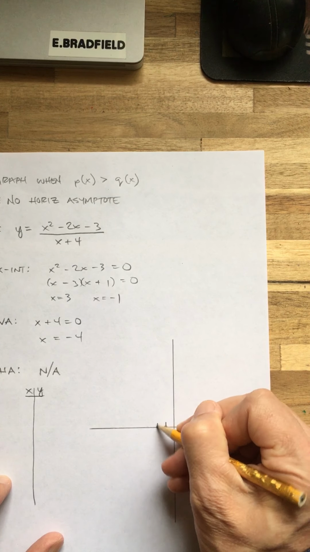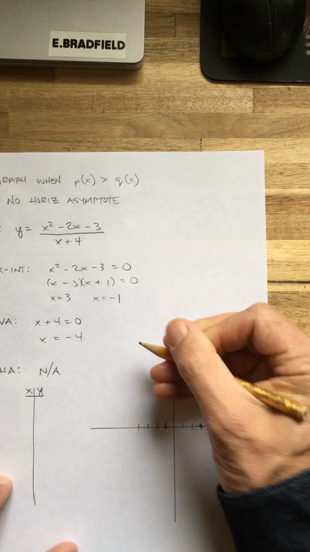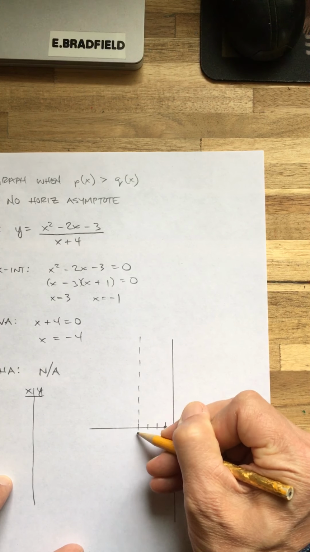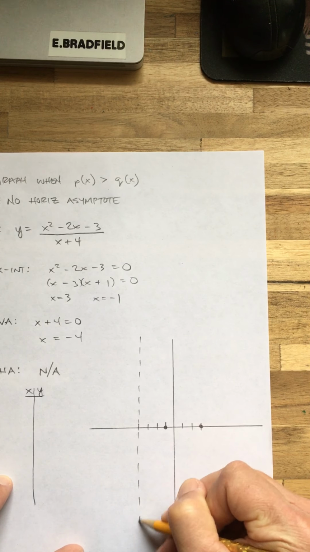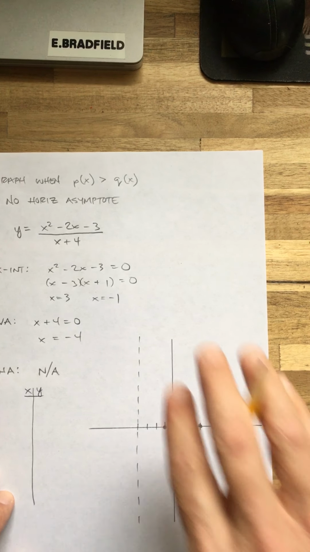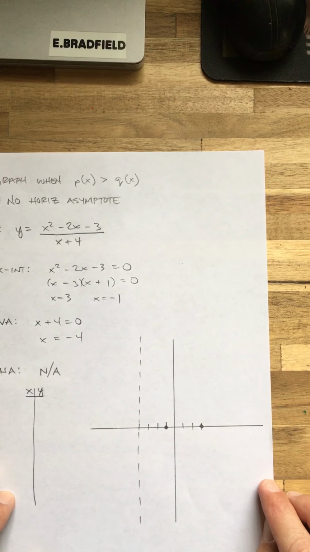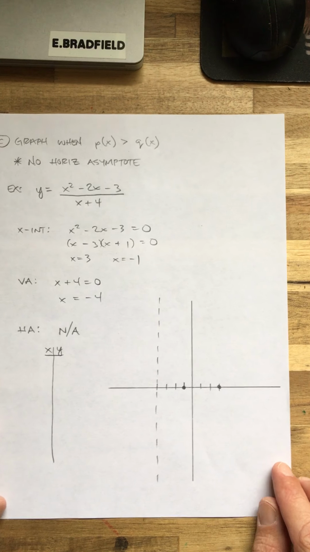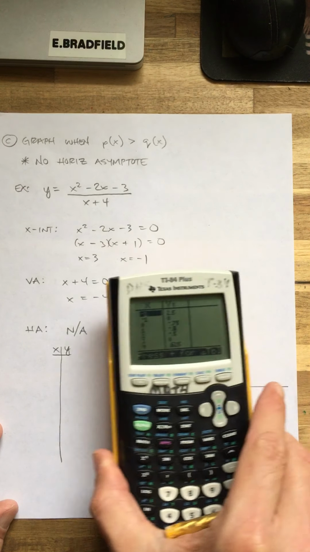So that's 1, 2, 3, 4. All right, so basically I want some points to the left and I want some points to the right. I have a feeling how this is going to look, but again, it's best to have a lot of points. So good thing we have this.